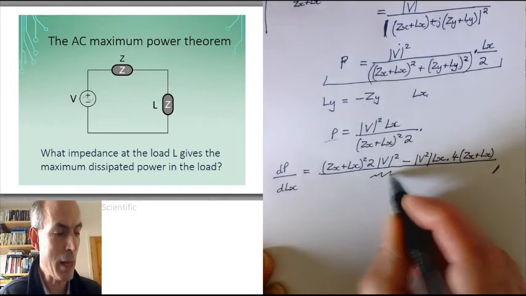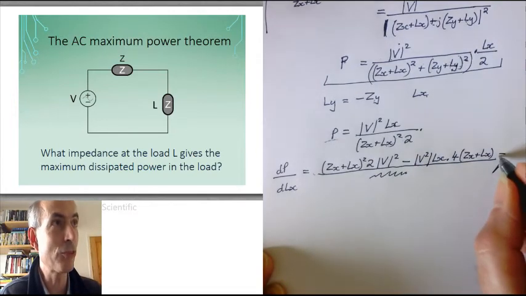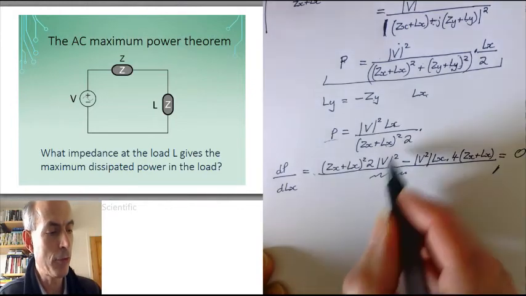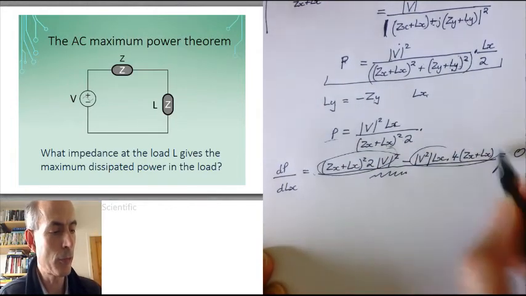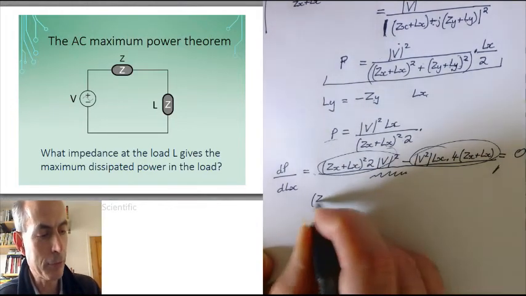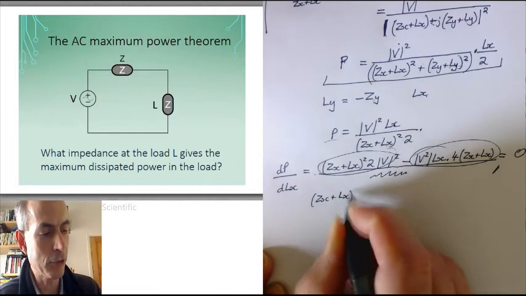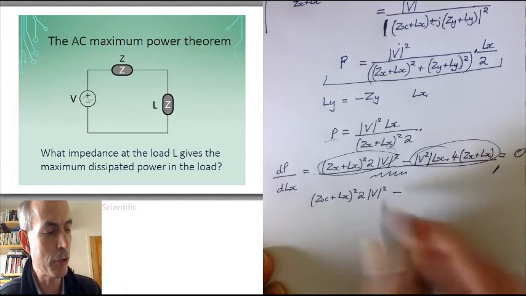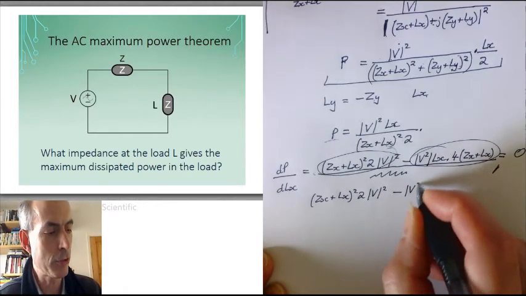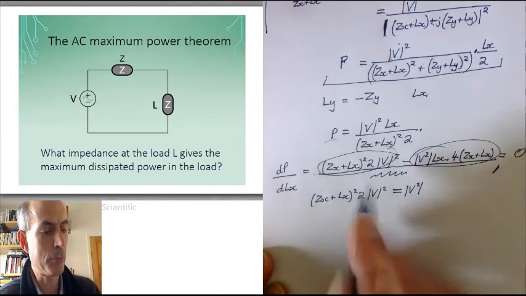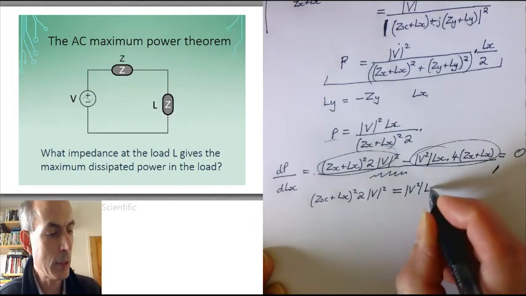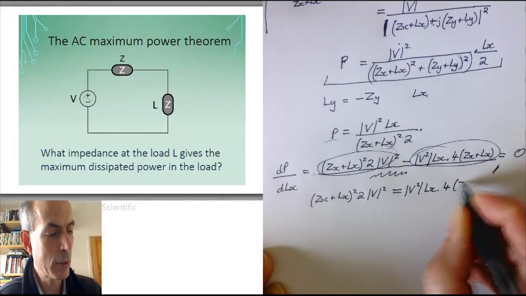But that doesn't really matter because I want this to be equal to 0. And the only way this is going to be equal to 0 is if this term is equal to this term. So I've got Zx plus Lx squared times modulus of V squared equals the modulus of V squared times Lx times 2 times Zx plus Lx.